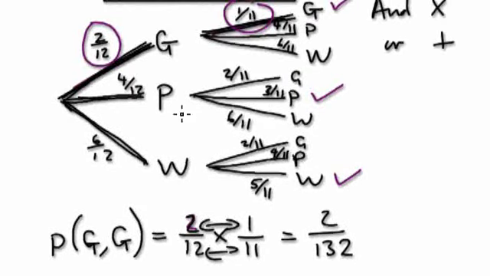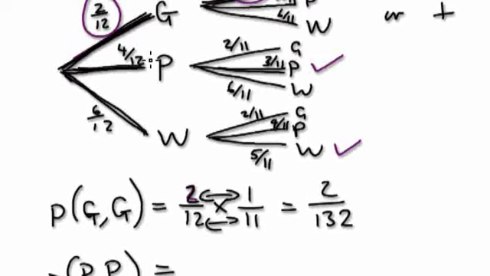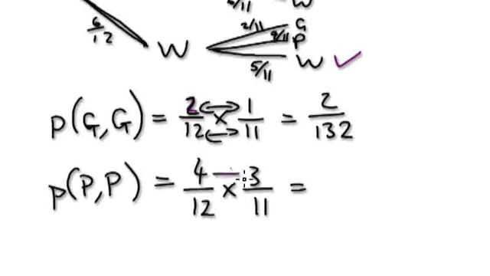And then we need this branch as well, purple and purple. So we need probability of purple and purple. That equals 4 over 12 times 3 over 11. Top times top, that would be 12, bottom times bottom, that would be 132.